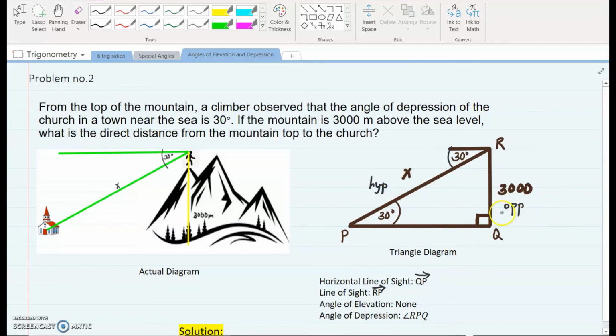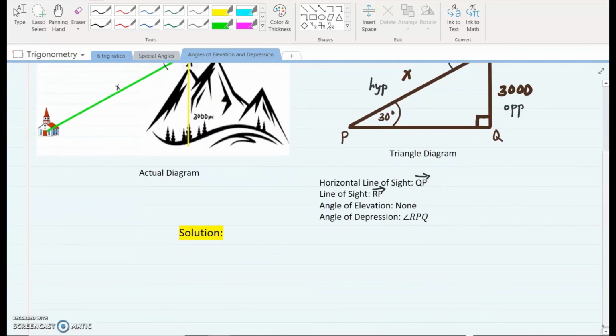So that is opposite over hypotenuse. So if you're going to write the solution, that is sine 30 degrees equal to 3,000 over x. So that will be our solution.